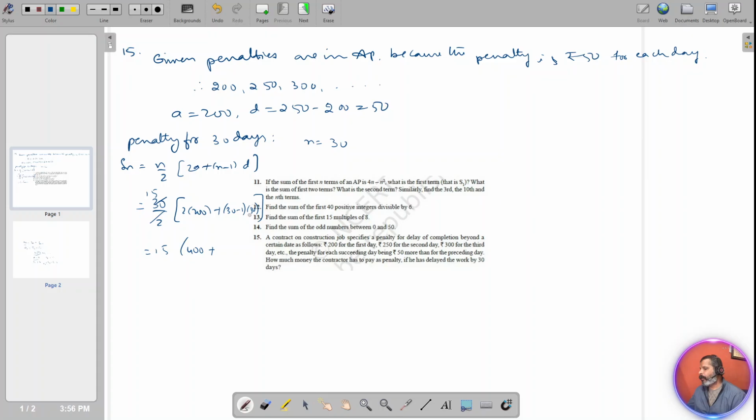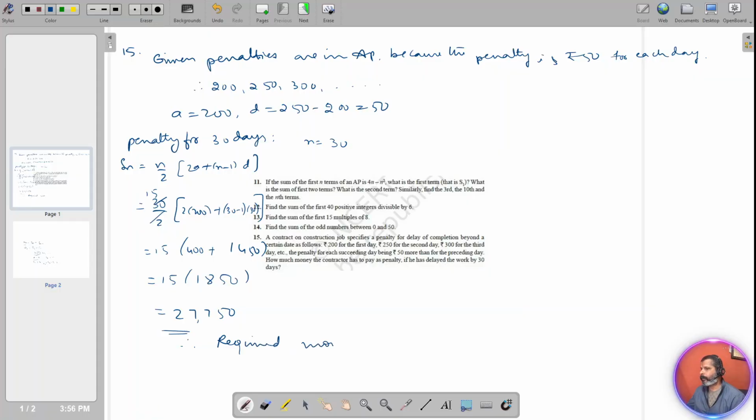It becomes 1450. So on addition it becomes 1850. On multiplication with 15 it comes to 27,750.